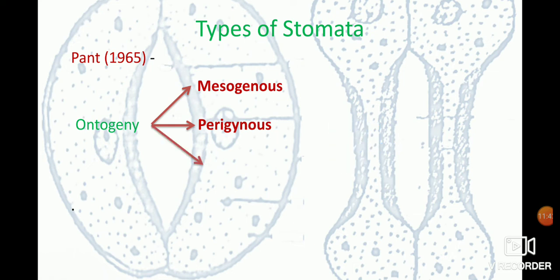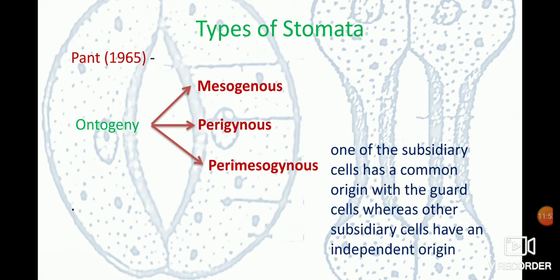Then the third is the perimesogenous type, in which one of the subsidiary cells has a common origin with the guard cell, whereas the other subsidiary cell has an independent origin. So one develops from the mother cell of the guard cell, whereas the other develops from an independent mother cell. So it shows the character of mesogenous as well as perigenous types of stomata. Hence it is named the perimesogenous type of stomata.